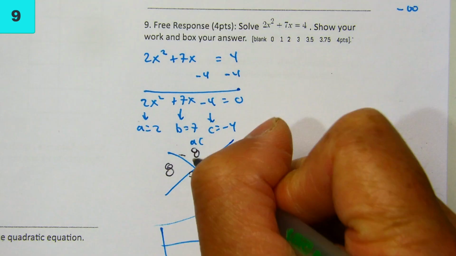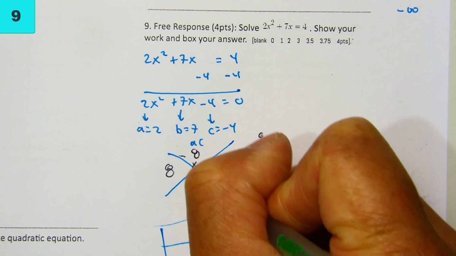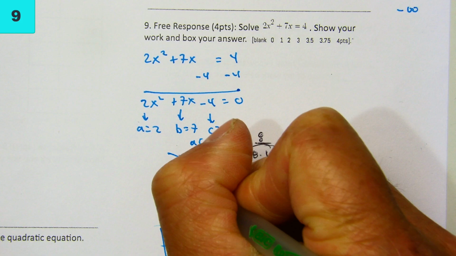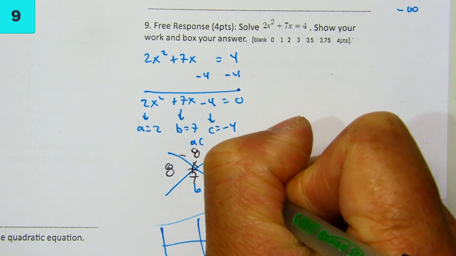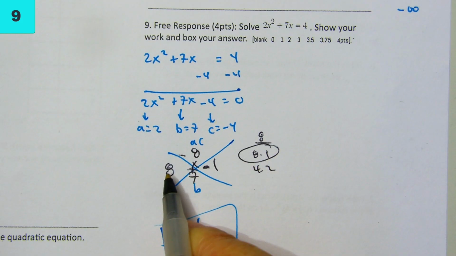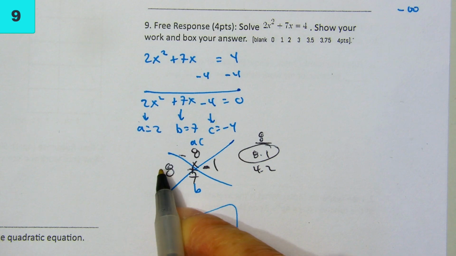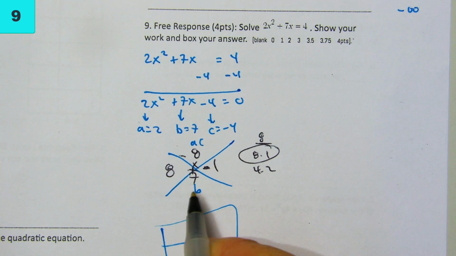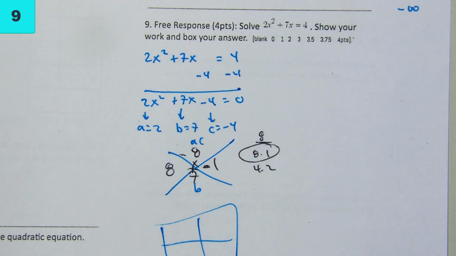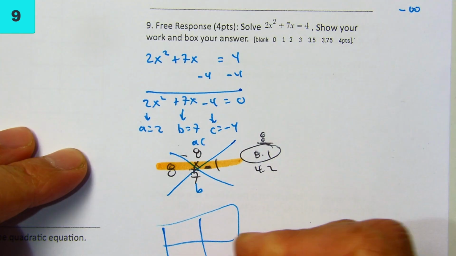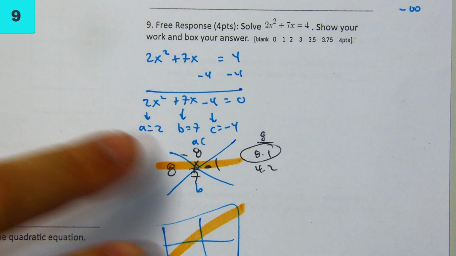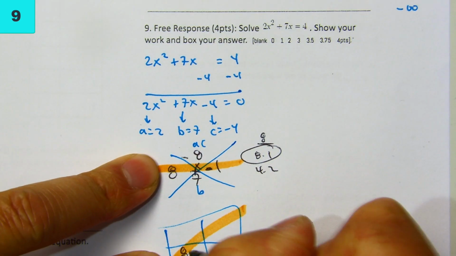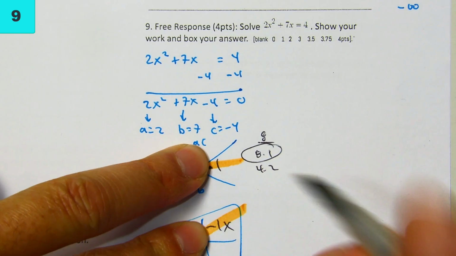8 and 1. One of those has to be negative, so I'm going to make the 1 negative. So 8 times negative 1 is negative 8. 8 plus negative 1 is 7. Those go in the bottom left, top right. We're going to add 8x and negative 1x.